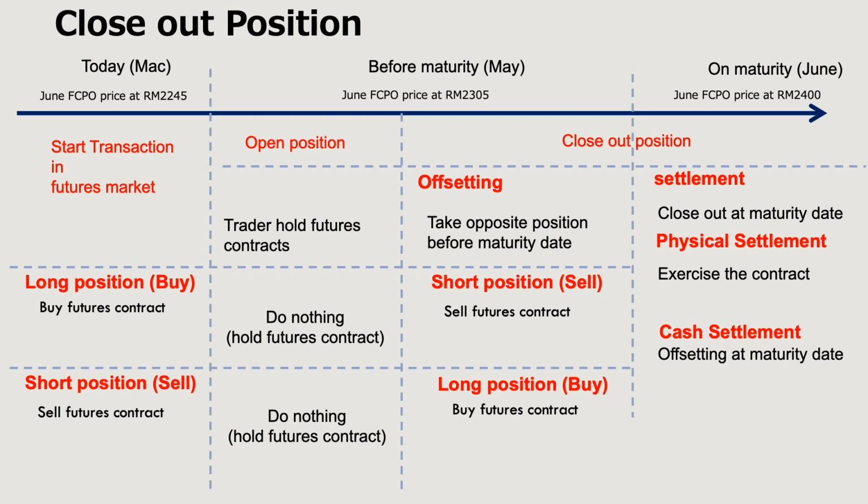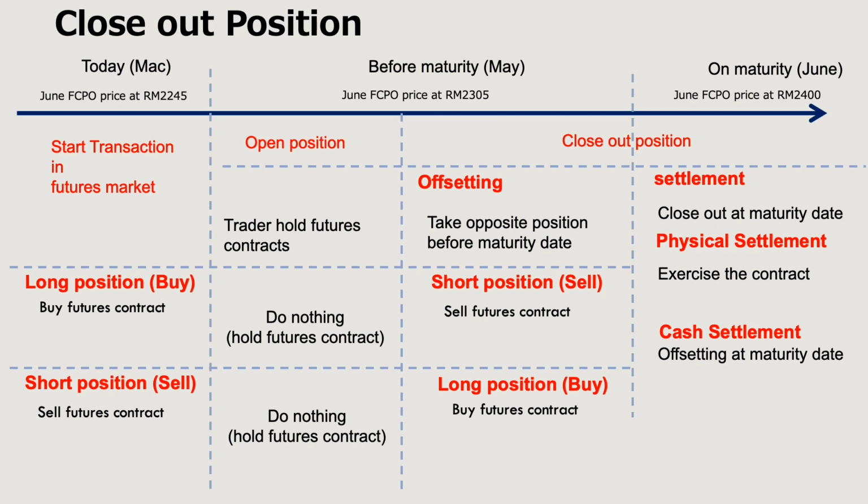Or you can start your transaction in futures market by taking short position. So short position means you sell futures contract. And then the second term is open position. So what is open position? Open position is a condition where trader hold his futures contract. That means the trader is in open position in futures market.